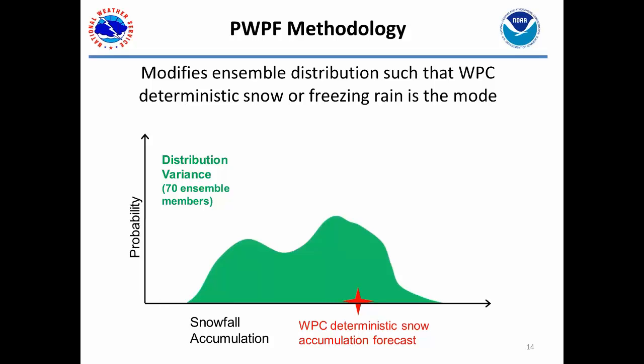So in the figure here, we show snowfall accumulation plotted along the x-axis and the probability plotted along the y-axis. The green curve gives a sense of the ensemble member distribution, and the WPC forecast is highlighted by the red star.